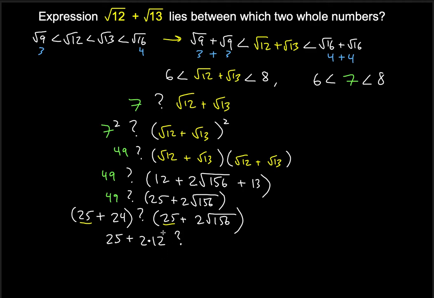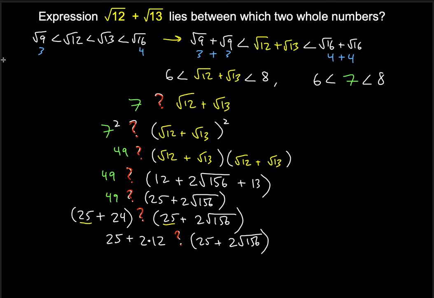And let me write this in red now, so that you can see we're trying to find what these are, right? So 2 times 12 is the same thing as 25 plus 2 times radical 156.